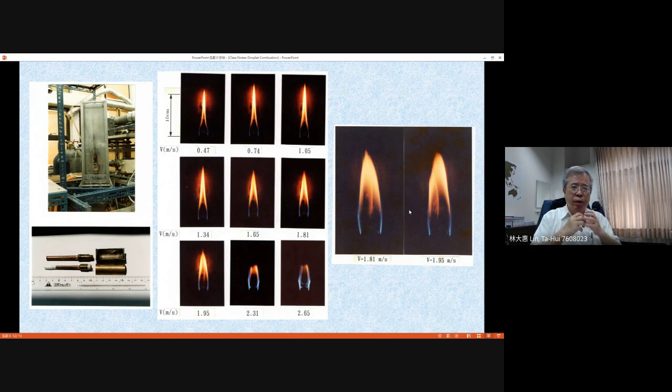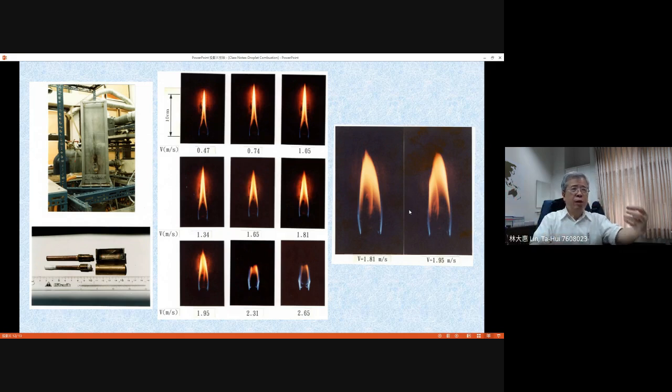But for the droplet itself, vaporization in the hot temperature region or in the diffusion flame case is almost the same, right? That means when you go to the spray combustion field, there are so many droplets.